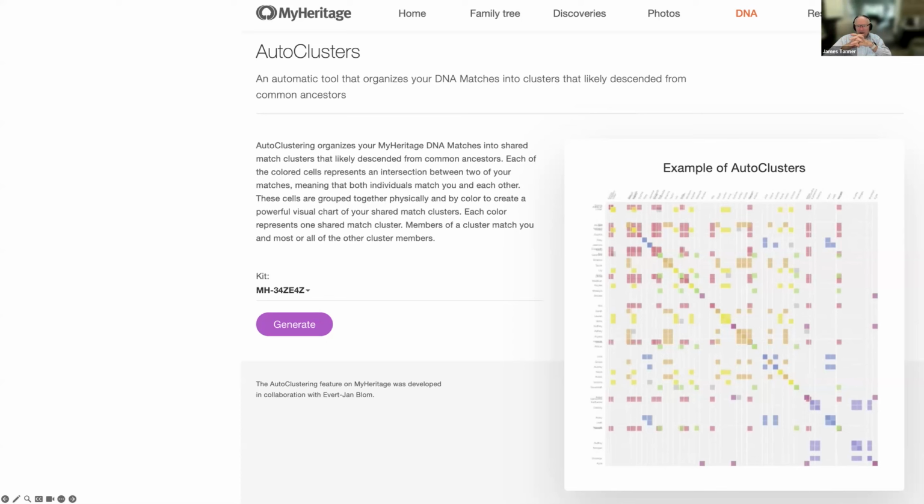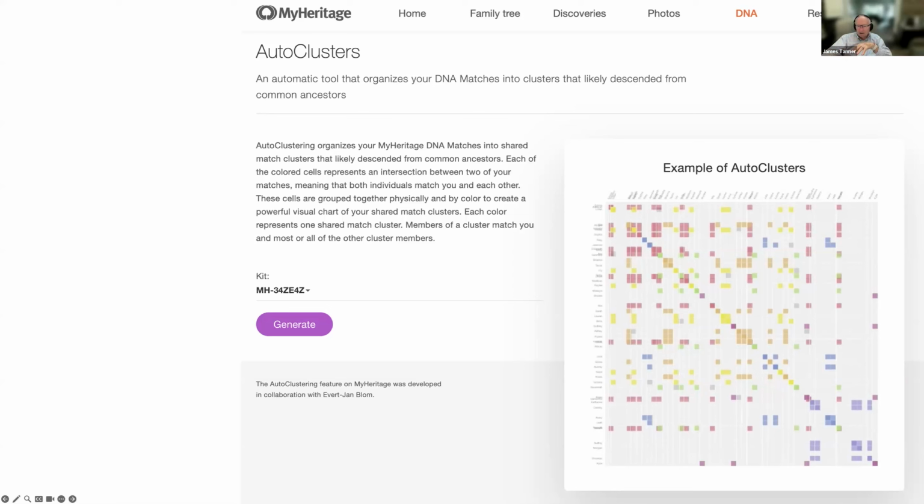These are called clusters. You could just figure out how you're related to all these people, but that is a quite painful process. What happens in MyHeritage is if you have enough tests and enough people and enough ancestors in your family tree, MyHeritage will then start to build those clusters for you.